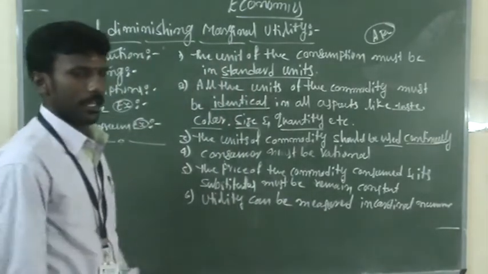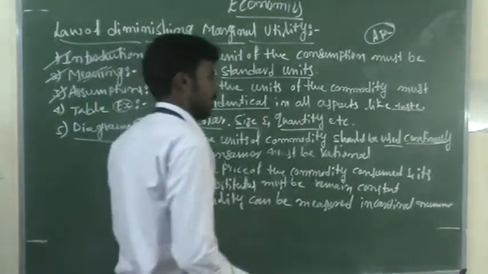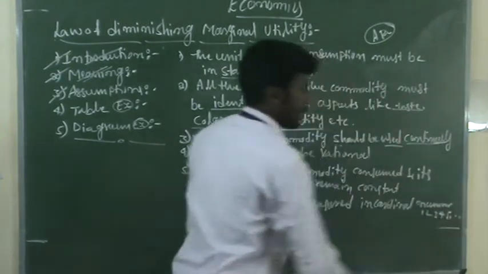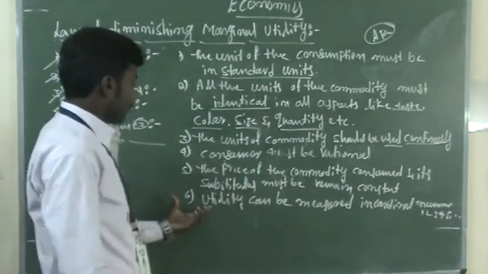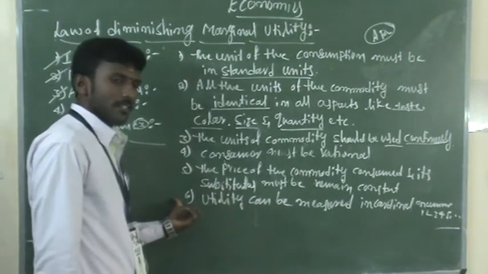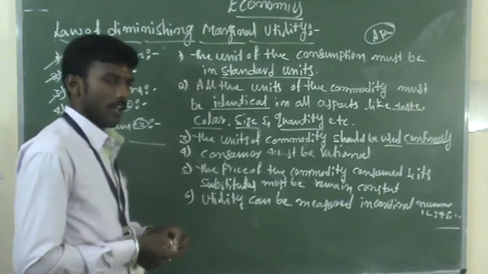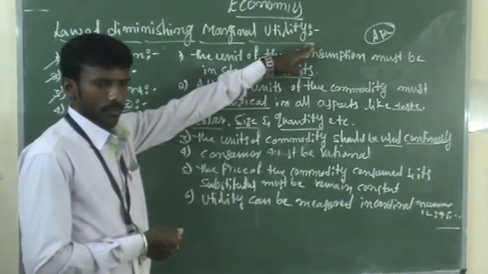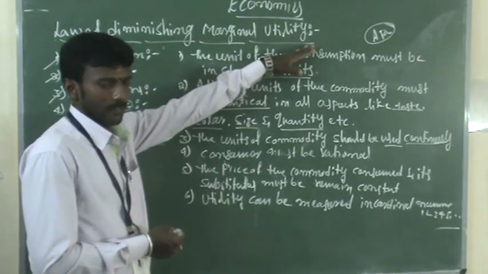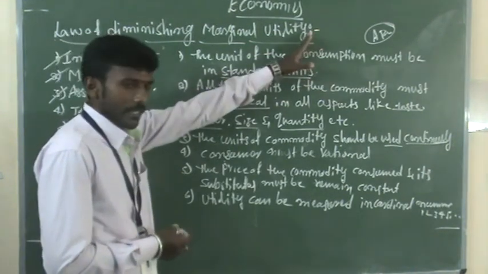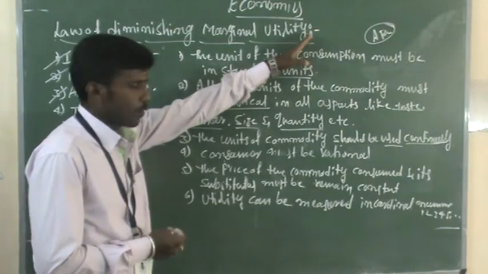Which are the cardinal numbers? Like already you know, 1, 2, 3, 4, 5, etc. See students, the sixth important assumption of the law of diminishing marginal utility is that after the consumption of a good or commodity, the consumer can get utility or satisfaction.